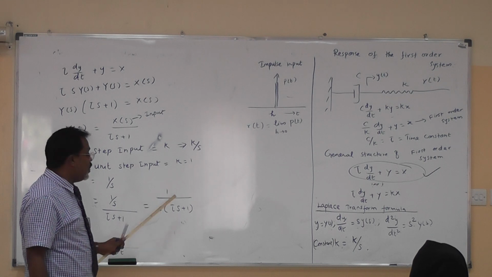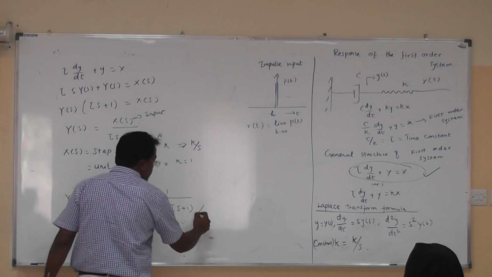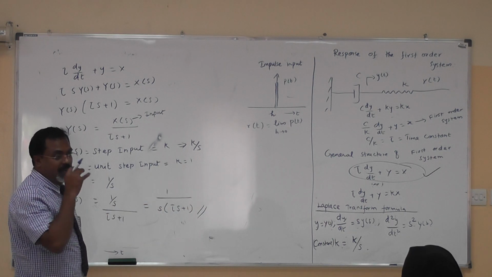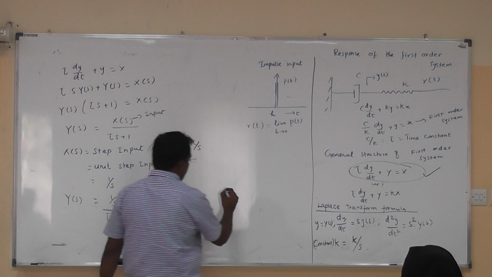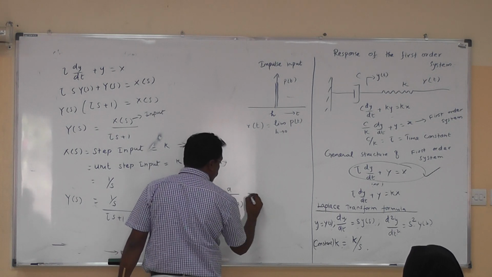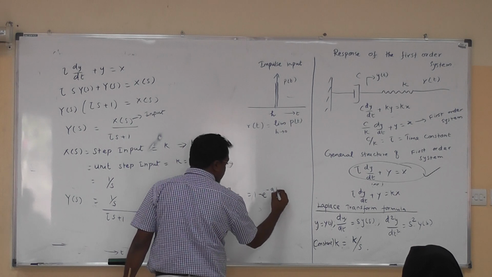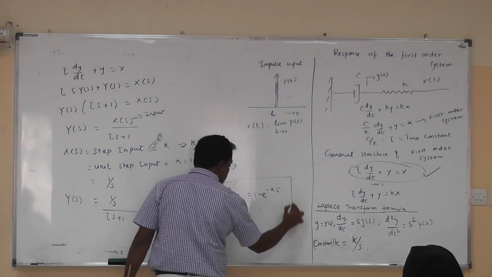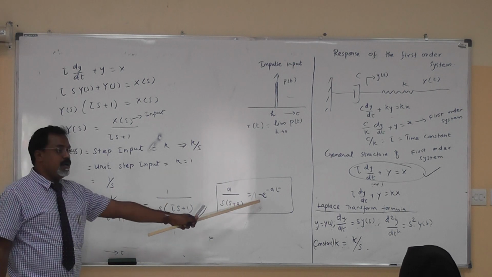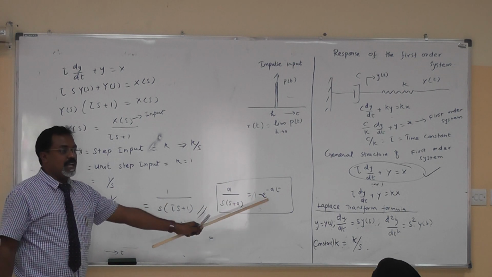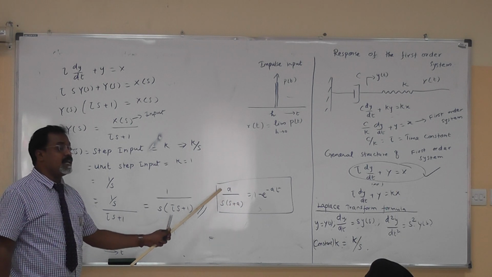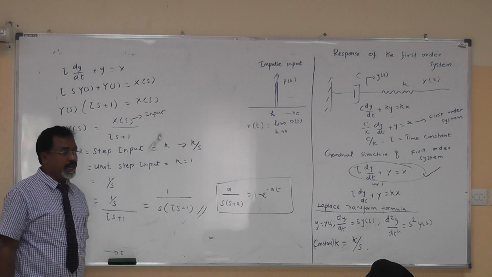So for that some formula is available. One of the formulas is a divided by s into s plus a means 1 minus e power minus a t. This is the formula to convert the s domain into the t domain using the inverse Laplace transform.